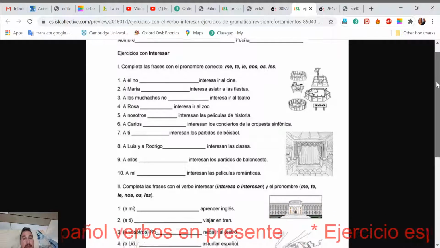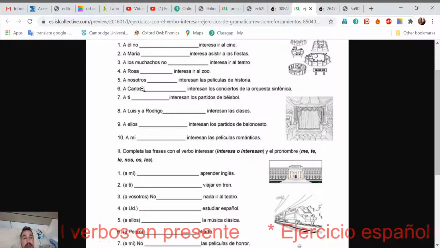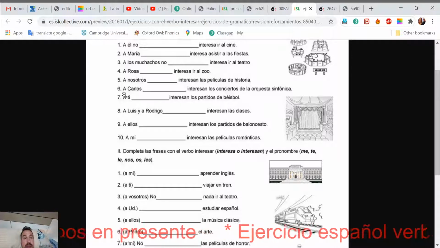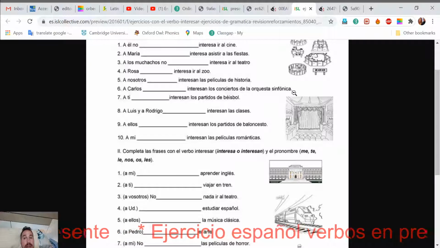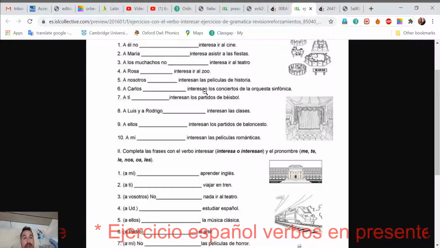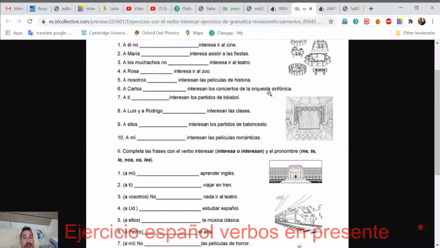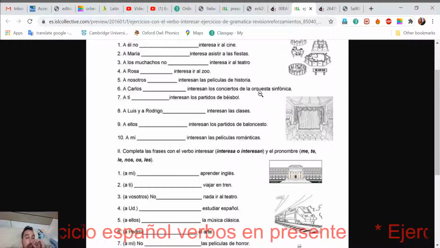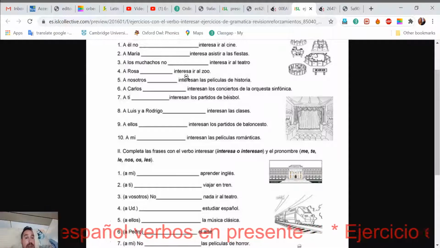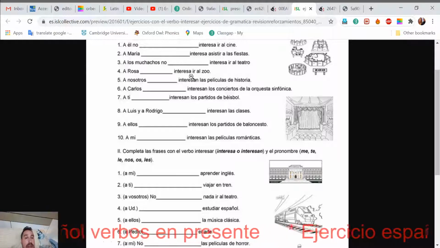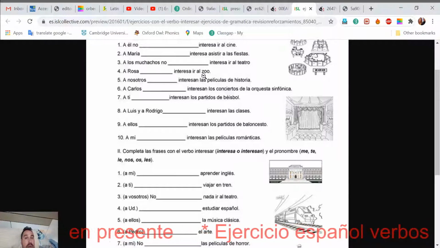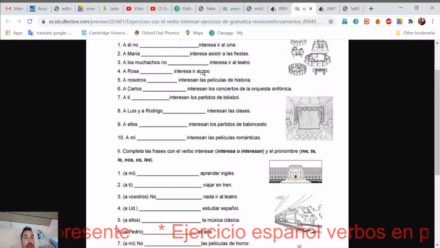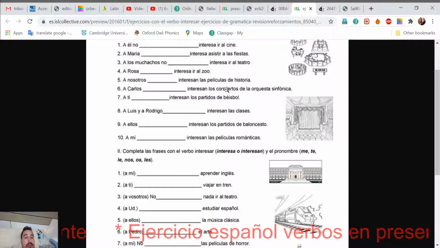Anyway, without further ado, so 6, a Carlos le interesan los conciertos de la orquesta sinfónica. So Carlos is interested in the concerts of the symphonic orchestra. So notice here at the end you have either an a or an an. It all depends whether you have one object behind or it's a plural.